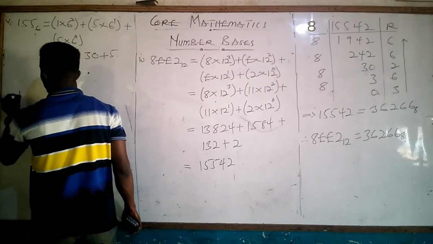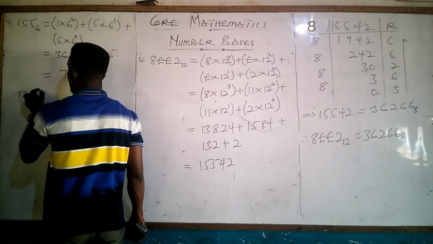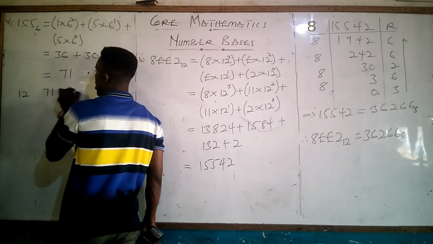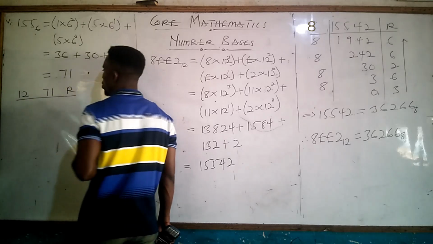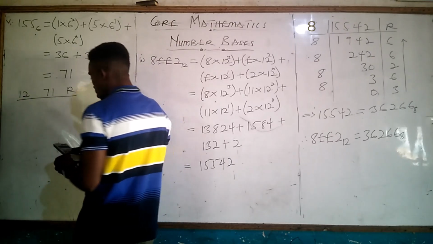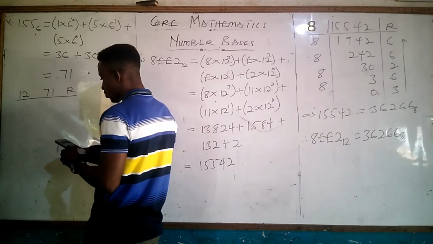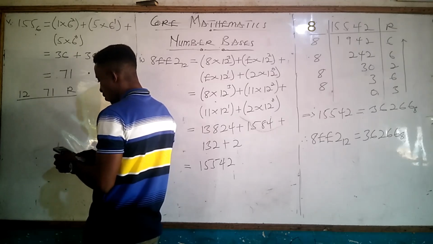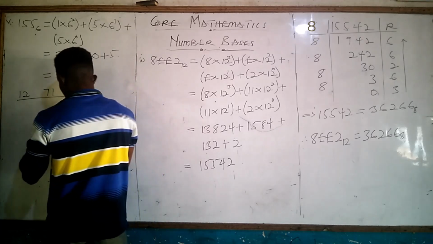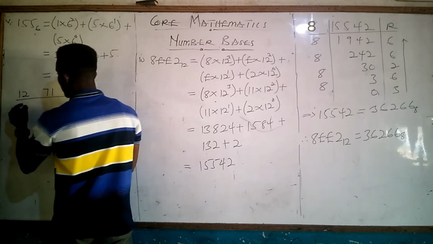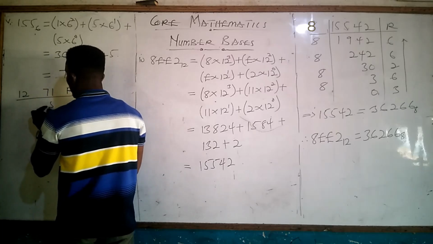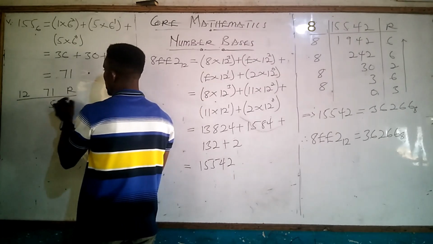So I put my 12, I put my 71, then I put my remainder. So now 12 into 71. So 71 divided by 12, I have 5 whole number. So 5, then 11 over 12.